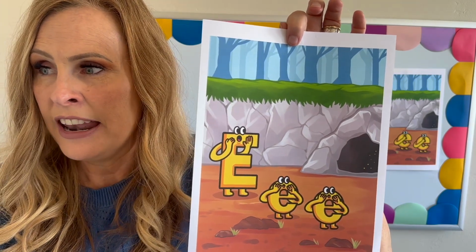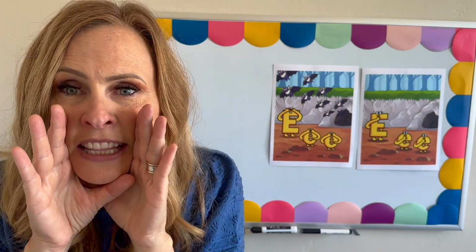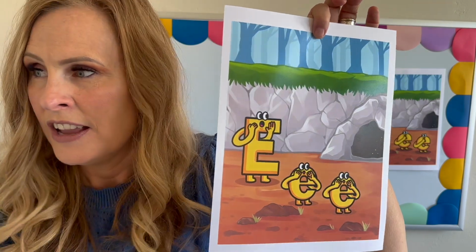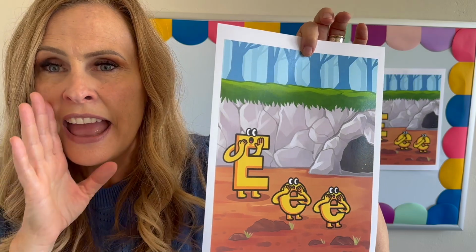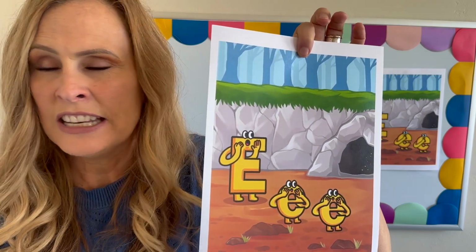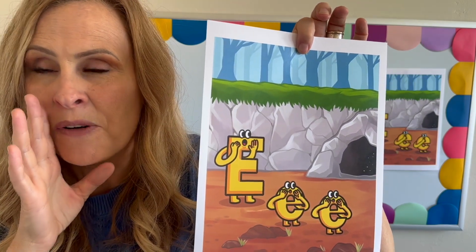He demonstrated by cupping both of his hands around his mouth like this, and he shouted, echo! The sound echoed in the cave and came back to them, echo, getting softer every time until it stopped. Echo.